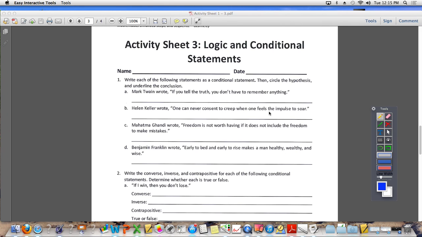So I'm going to let you be lazy for this one. Insert the word then right before you. So if you tell the truth, then you don't have to remember anything. So you don't have to rewrite that sentence. But now you need to go through and circle the hypothesis and underline the conclusion. But then letter B we need to talk about.